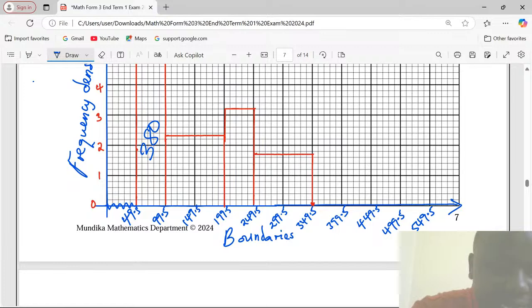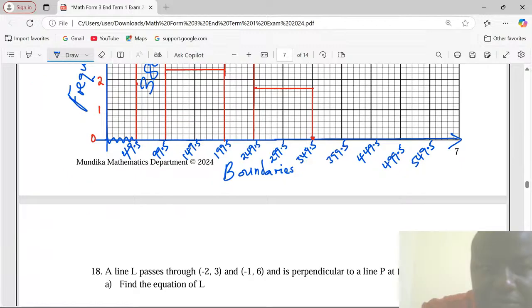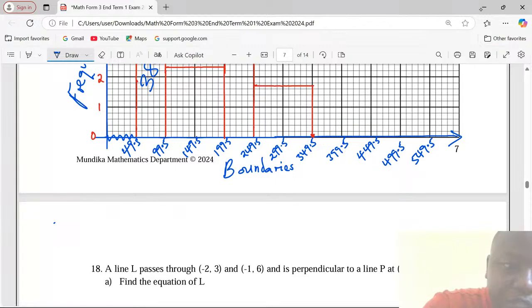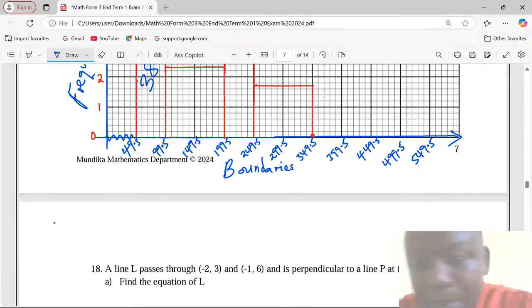And remember, the second bar already has a fixed height of 2.3, and we need the number of people to be 90. The number of people is the area.